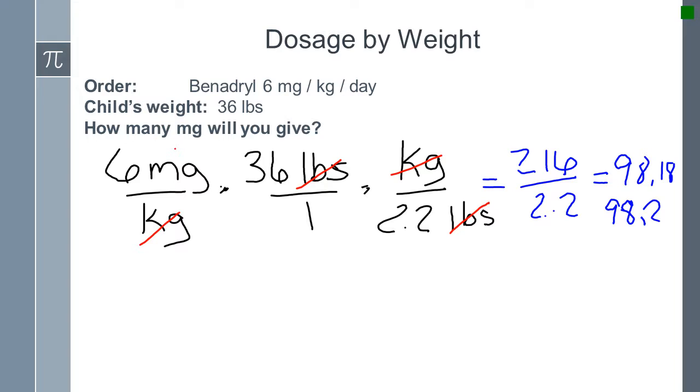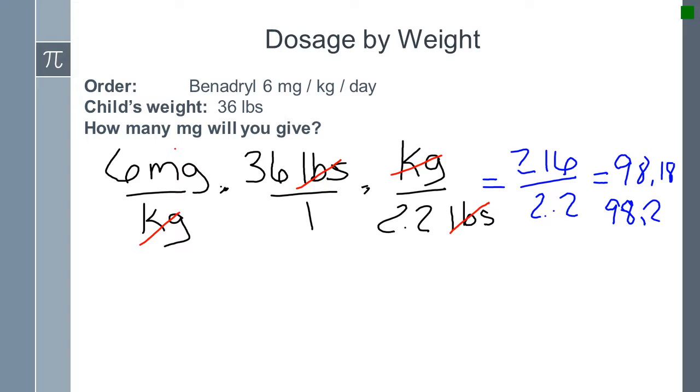So our ending is going to be per day unless they tell us what the dose size is. So on this one, we have 6 milligrams per kilogram. That was one bit of information, so it gets its own column.